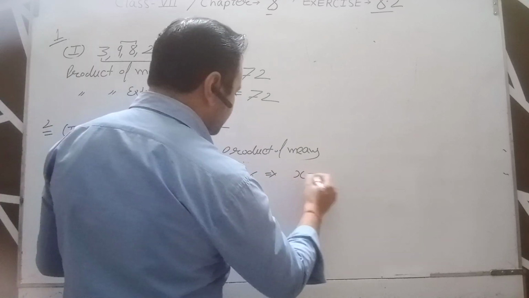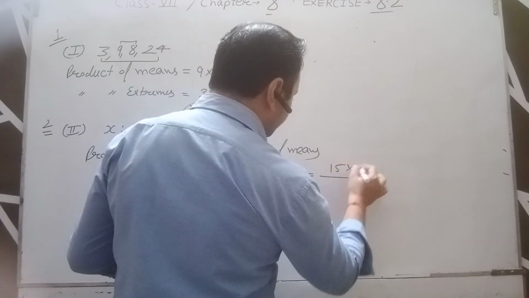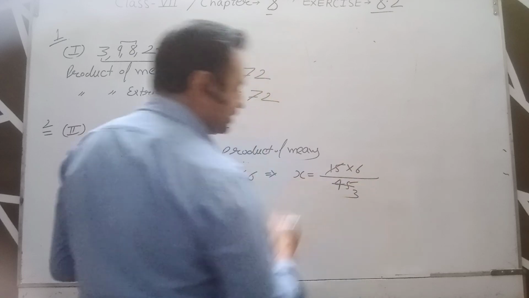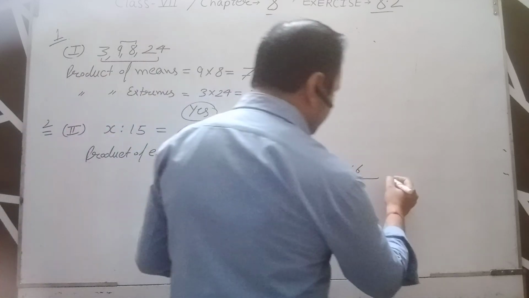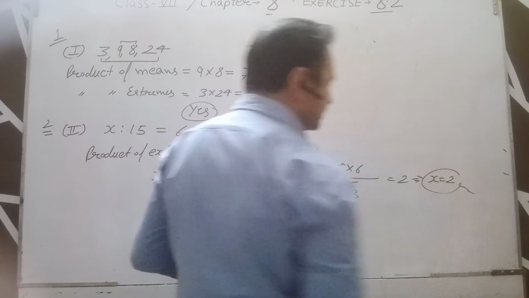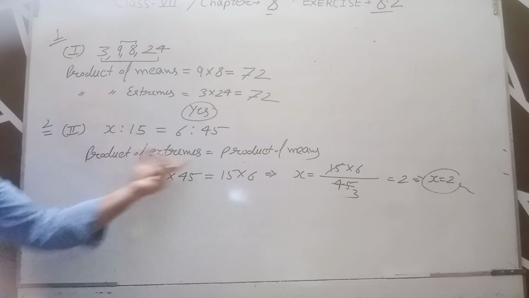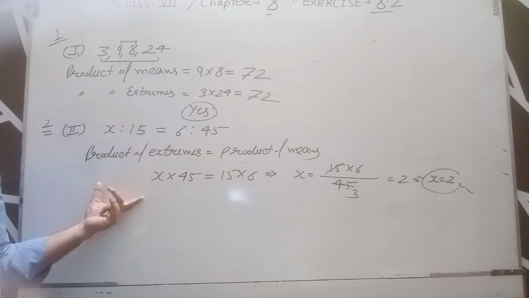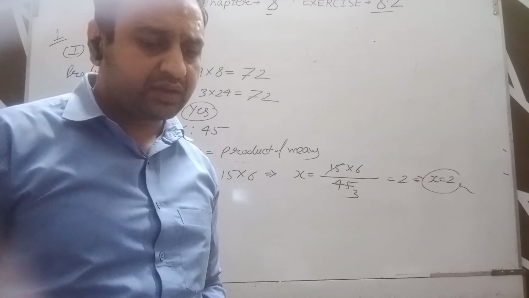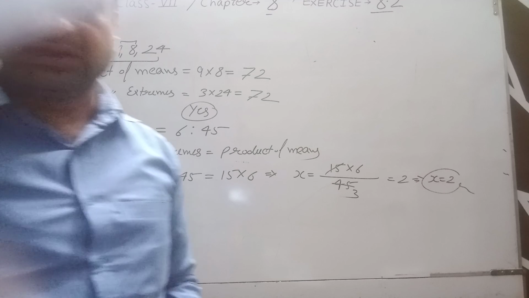So x is equal to 15 multiplied by 6 upon 45. 15 3s are 45, and the value of x is 2. So it is also very easy. Using the formula we can find the value of x in each part. So complete both questions in homework, and if you have any problem you can discuss with me. Thank you very much.